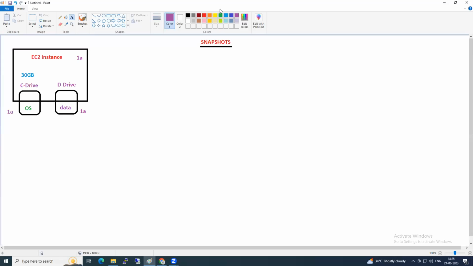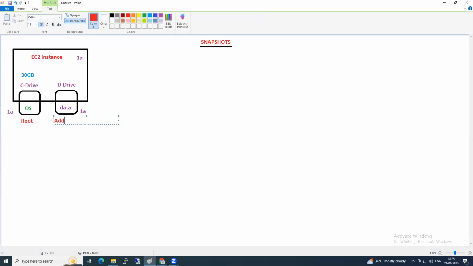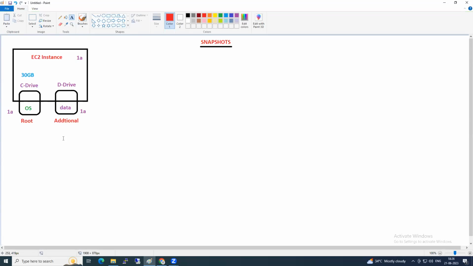This is the root volume, and this is the additional volume. Generally, where do you keep the data, C drive or D drive? You can put it in D drive, E drive, F drive, whichever drive you want. Can you put it on the C drive also? You can, because if you install some applications, where does it install? C drive only.